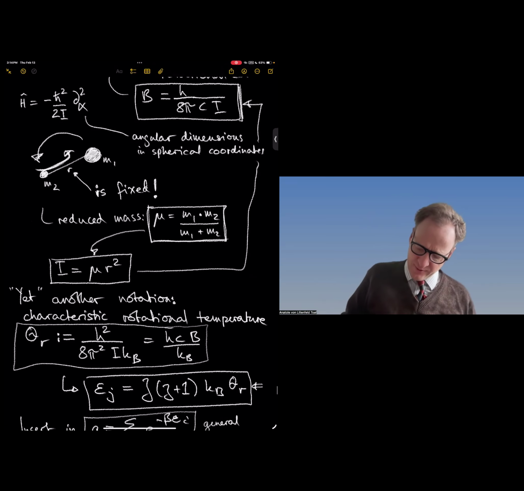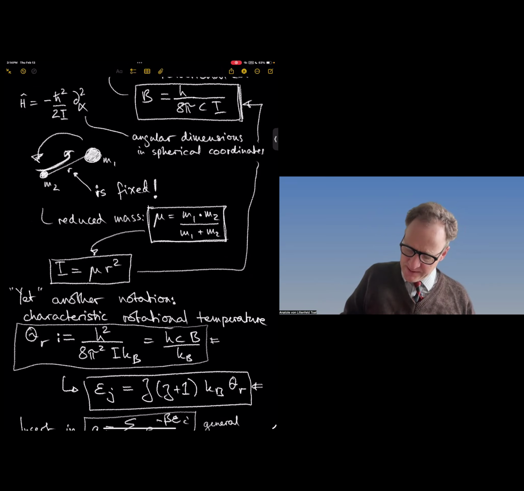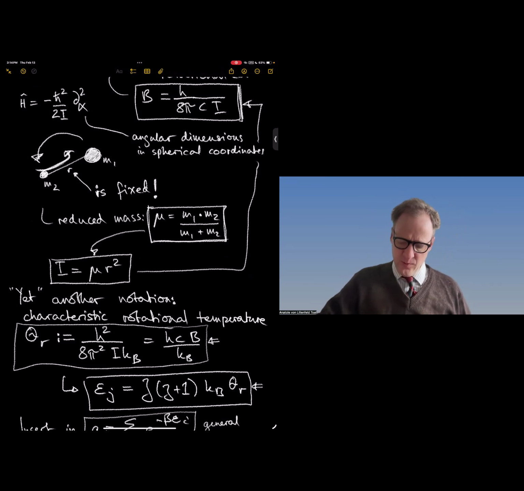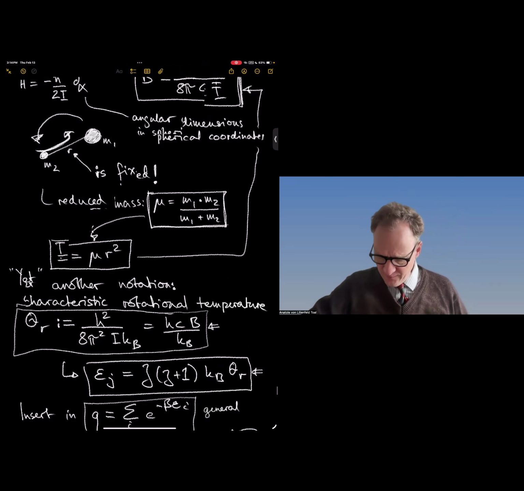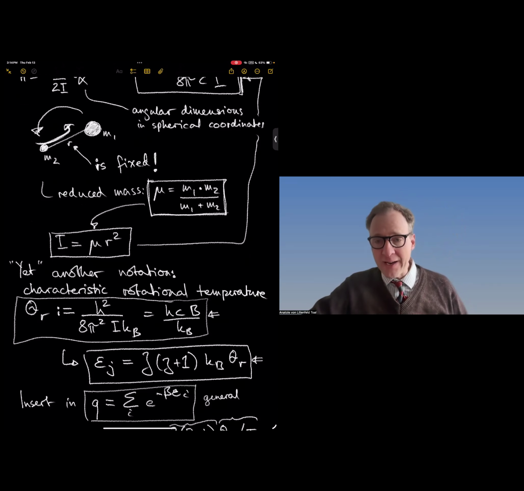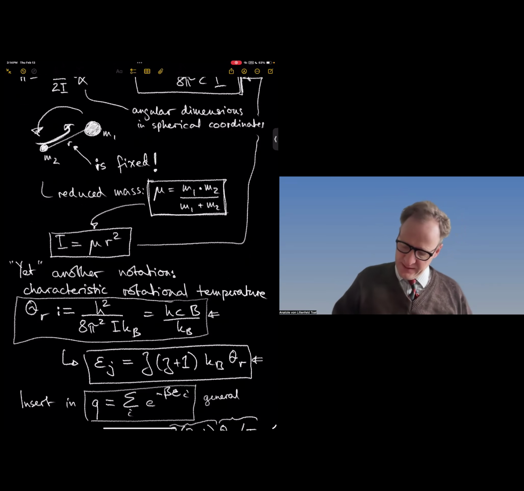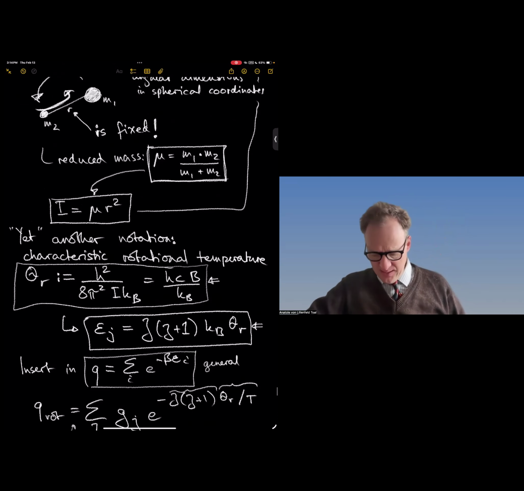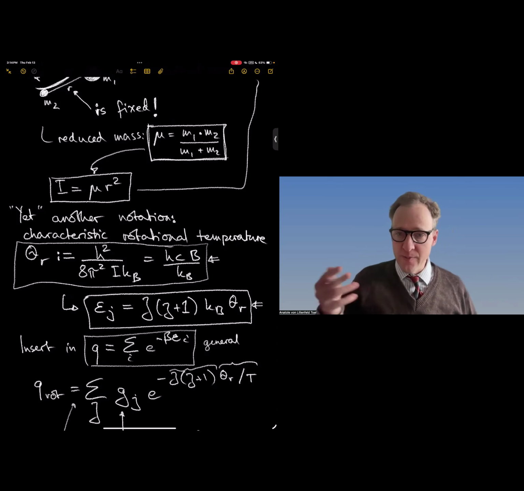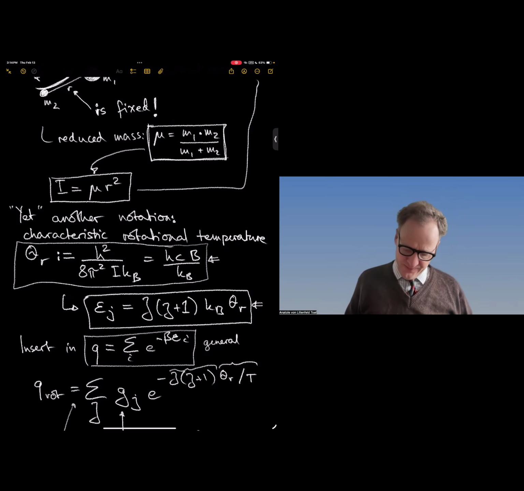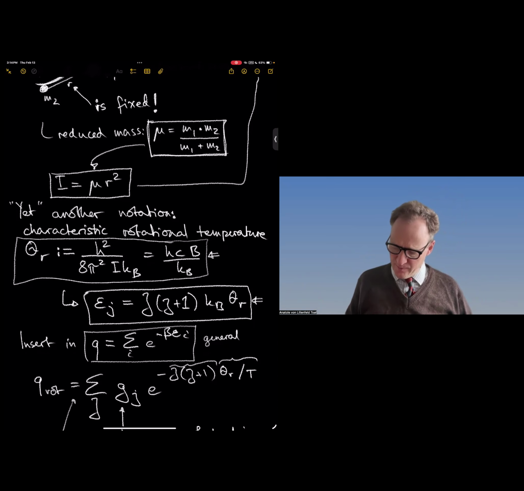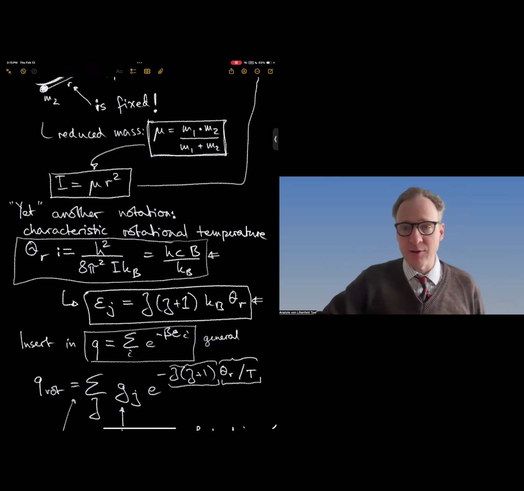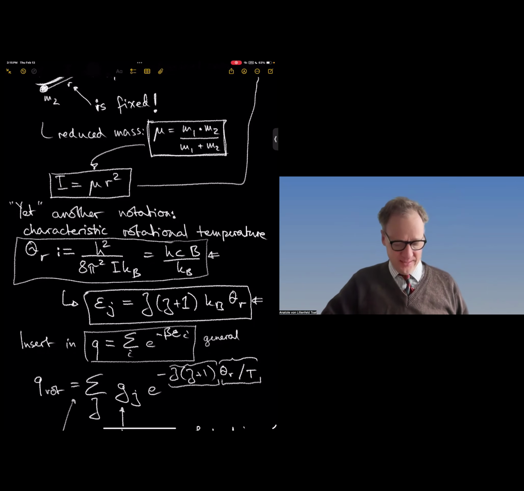We then introduce this characteristic temperature, capital tau r, which is really helpful because we can rewrite our energy in terms of tau r. And in particular, our partition function then, together with the beta term, has in the exponential Boltzmann factor just the quantum numbers here for your rotations and this ratio between the characteristic temperature and the real temperature.